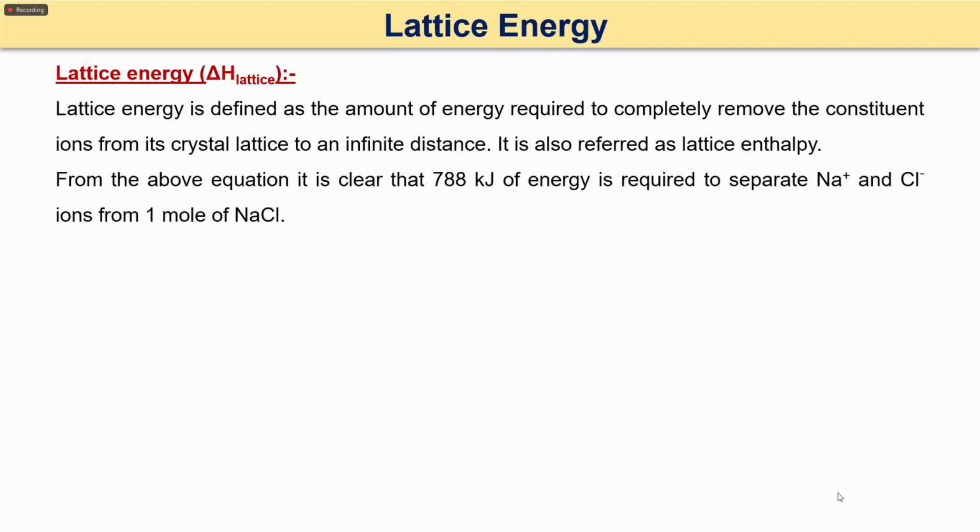So in the last class we studied Hess's law. After that we were studying the application of Hess's law, in which we studied that if it is difficult to calculate the enthalpy change for some reactions, we can calculate it using Hess's law, which states that the enthalpy change for a reaction is the same whether it goes via a single step or multiple steps, provided that the initial and final states are the same.